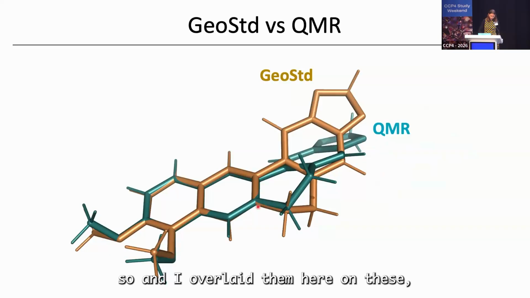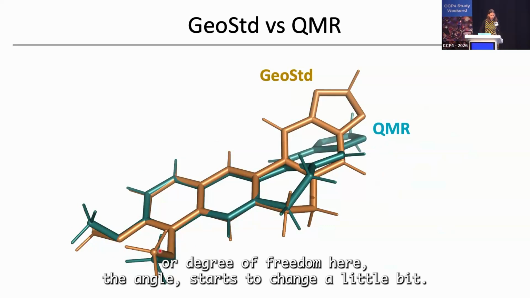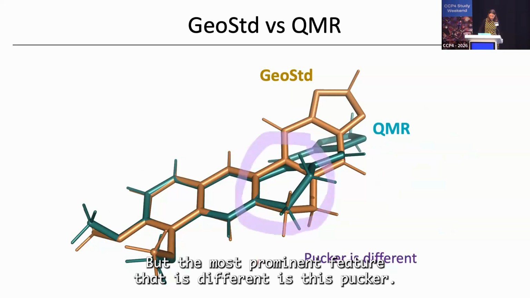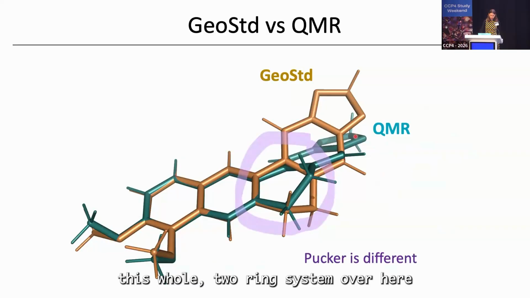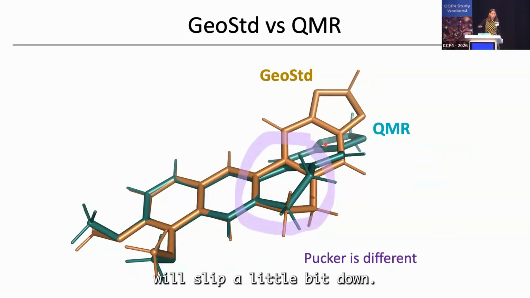And I overlaid them here on these two left rings. And what we can see is that here these carbons that have a rotational degree of freedom, here the angle seems to change a little bit, but the most prominent feature that is different is this pucker. And as a consequence of this change in pucker, this whole two-ring system over here will flip a little bit down.